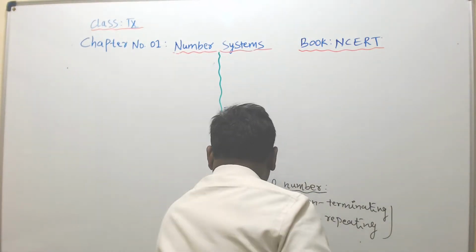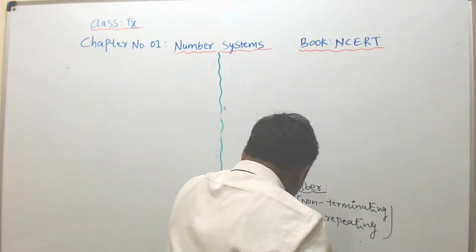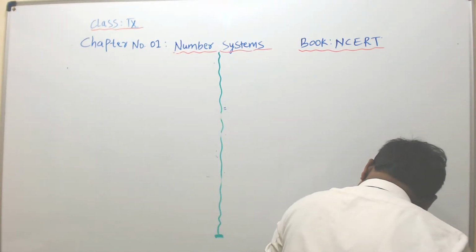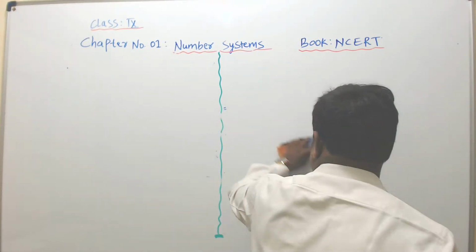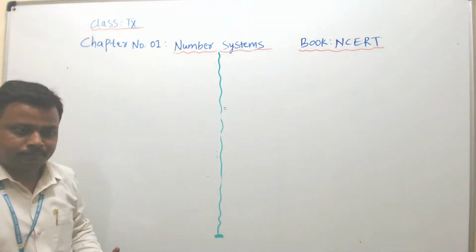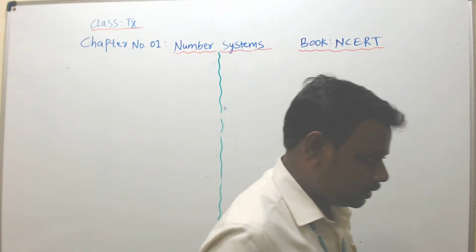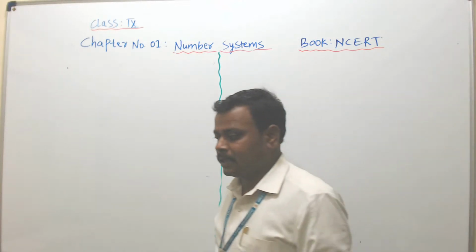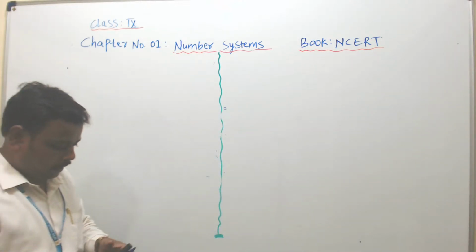So now we are discussing locating irrational numbers on the number line.